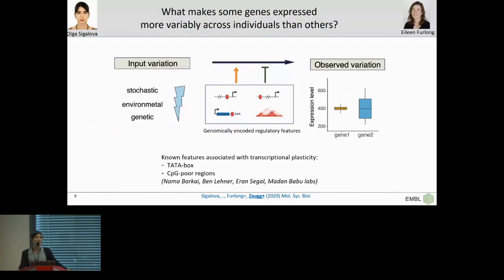And this comes from a basic research study that we did a couple of years ago, driven by Olga Sigalova, who wanted to understand why some genes are very tightly regulated and essentially don't vary at all across individuals, whereas other genes show huge variation. She collected all kinds of genomically encoded regulatory features and built machine learning models to predict variation across individuals.